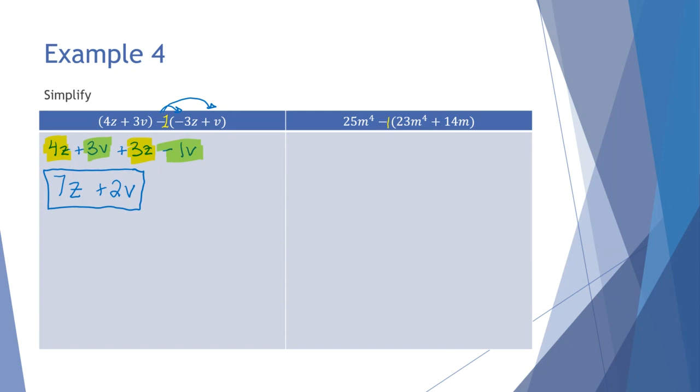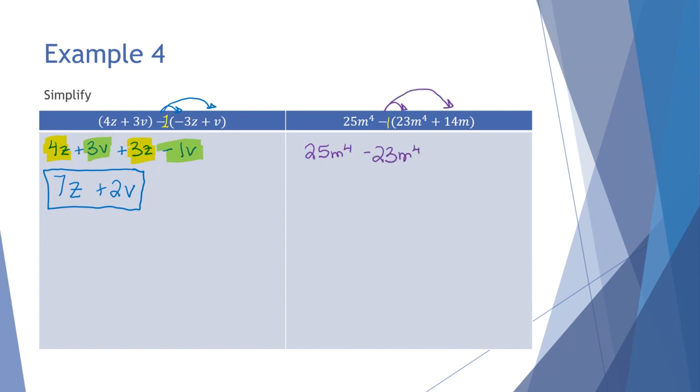Now on my second side here, I've got 25m to the fourth minus, and then parenthesis, 23m to the fourth plus 14m. So I need to distribute that negative through the parentheses. First I have my 25m to the fourth. Then negative 1 times 23m to the fourth would be a negative 23m to the fourth.